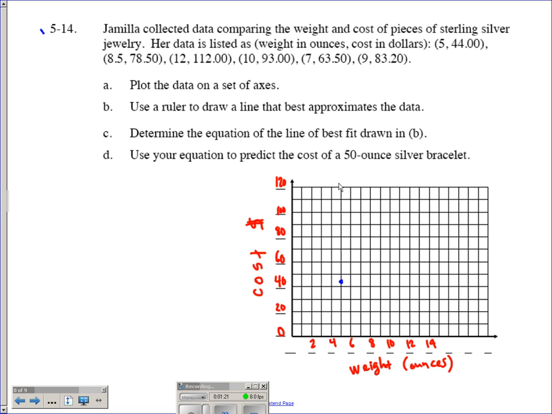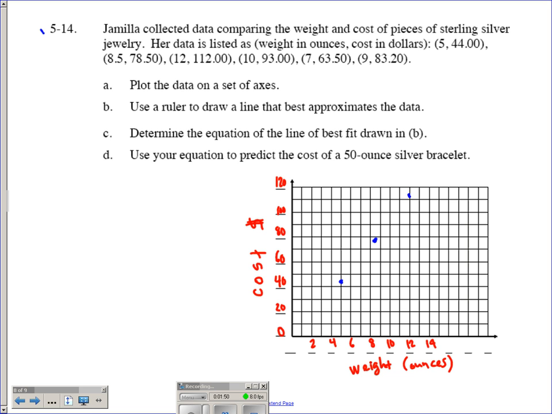there. Then we've got 8.5 ounces. So it's going to be halfway between 8 and 9, and we're going to have $78.50. Just a little short of 80. Next we have 12 ounces and $112. So 12 ounces, we're going up just a little above 110.